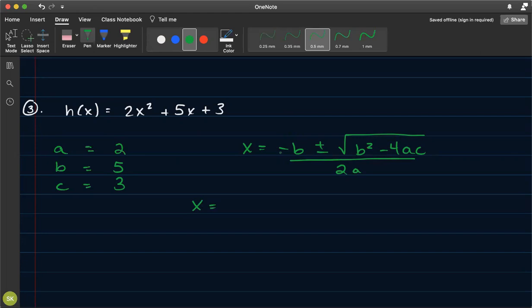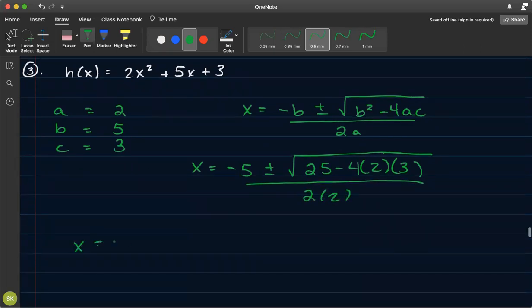Okay, the opposite of b is negative 5, plus or minus the square root of b squared, which is 25, minus 4 times 2 times 3, all divided by 2 times 2.